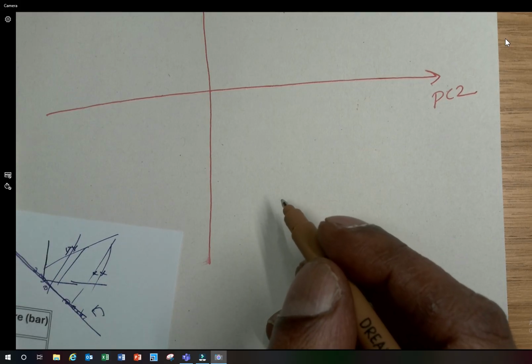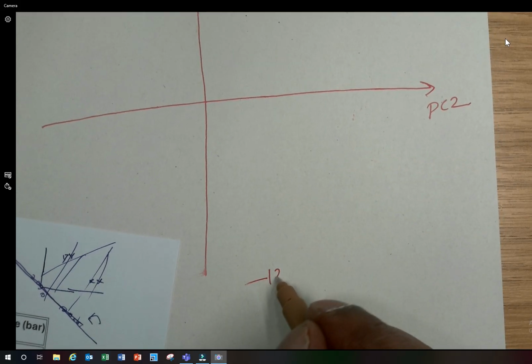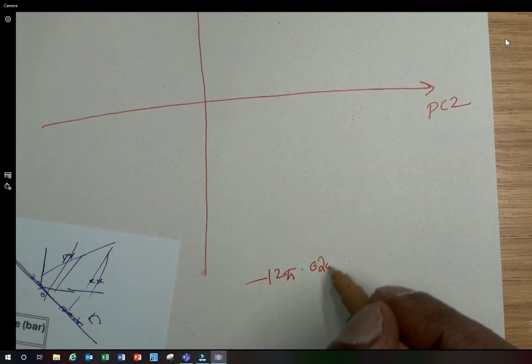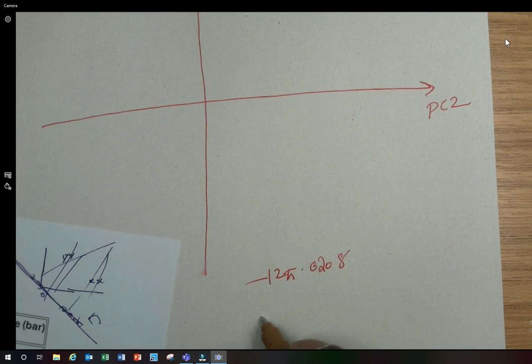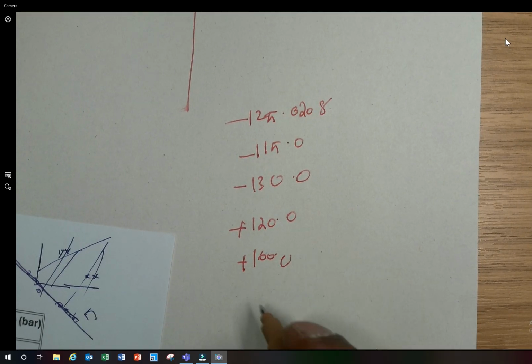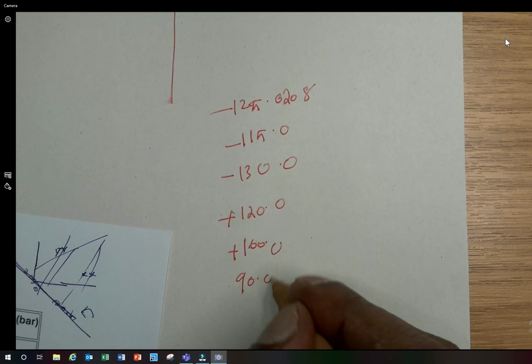The PC1 scores are minus 125.0208, minus 115.0, minus 130.0, minus 120.0, plus 120, plus 160.0 and 90.0.